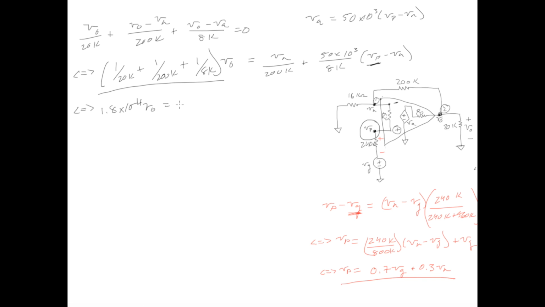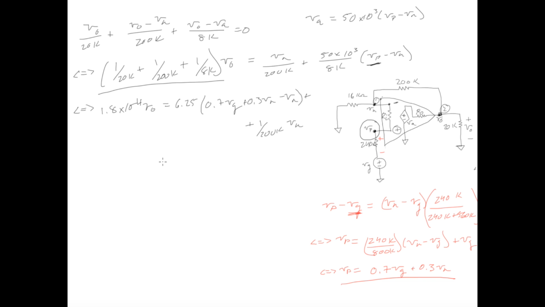So 6.25 times Vp, which, now we have an equation for it, so 0.7 Vg plus 0.3 Vn minus the Vn that's right here, minus Vn. And we also have this plus, I'm just going to write it down here, plus 1 over 200K Vn as well.